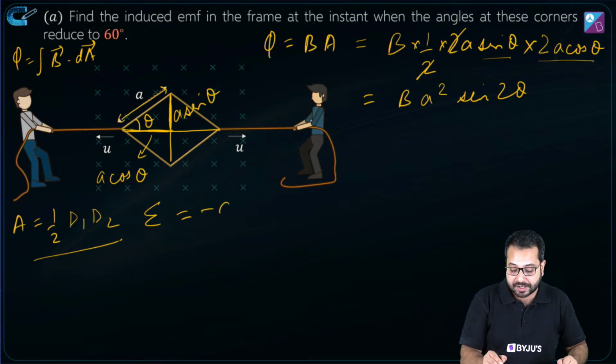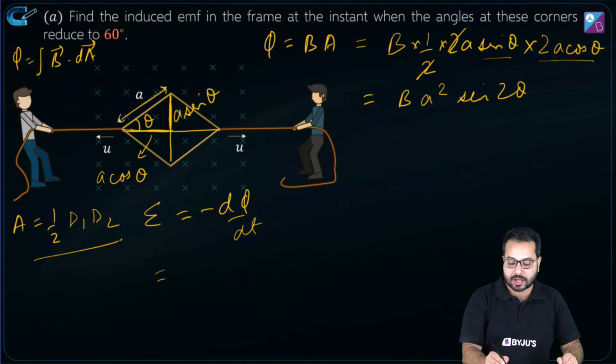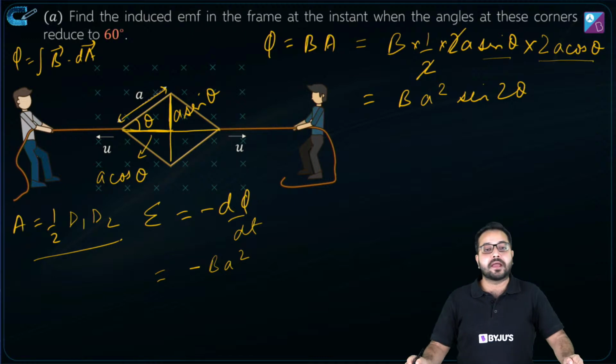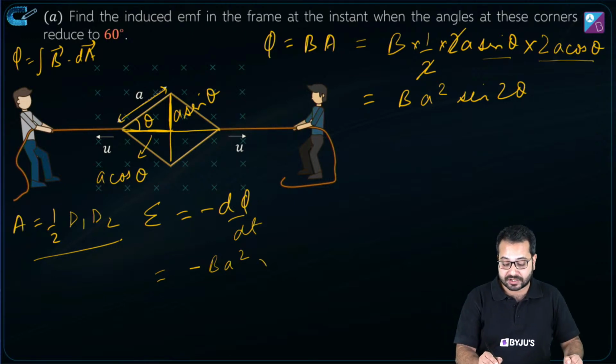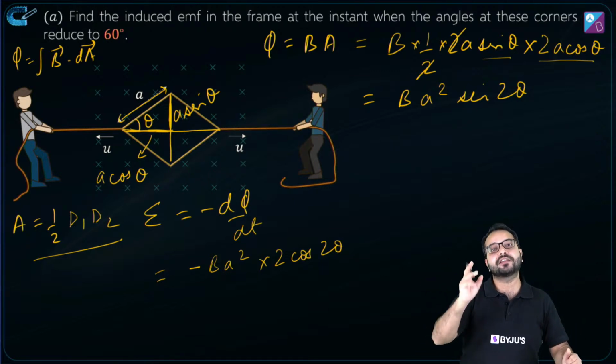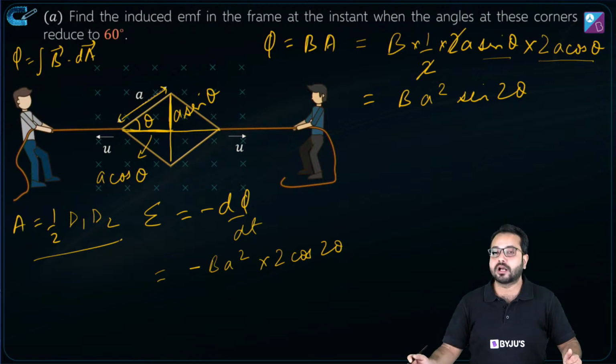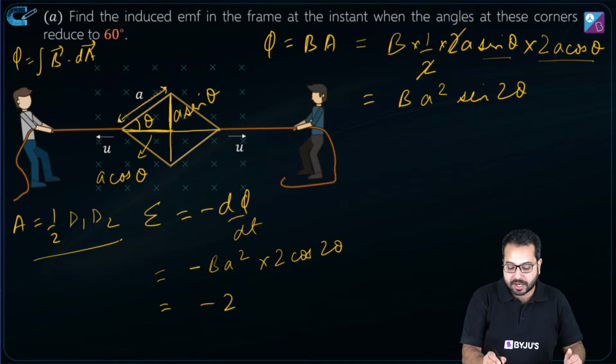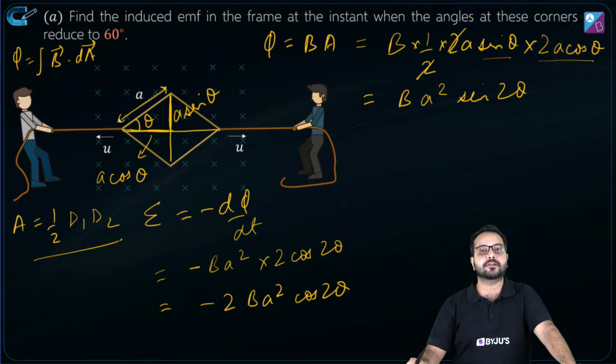So I write minus d phi by dt, and when I differentiate, the minus sign comes here, then BA square, and the differential of sine 2 theta is going to be 2 cos 2 theta. The differential of sine 2 theta is cos 2 theta, and the coefficient of theta, 2, comes out. So this becomes minus 2BA square cos 2 theta. Is that correct? So this is the EMF induced.